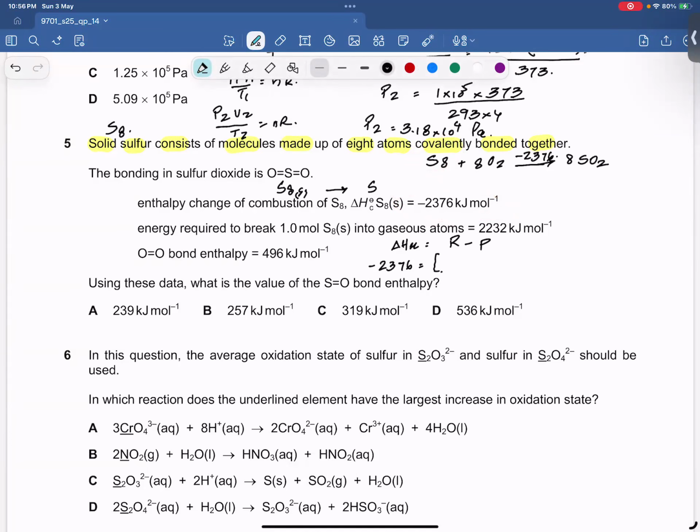It will turn to gaseous sulfur atoms, and its energy is 2232. So its atomization value is given, which is 2232, plus oxygen. Oxygen has a bond energy of 496. Since we have 8 moles, multiply by 8. 496 into 8 is going to be 3968.